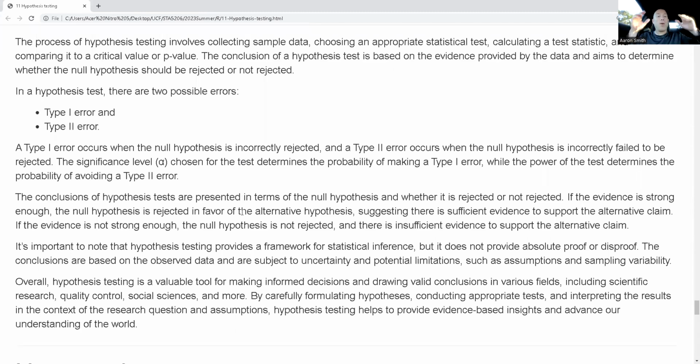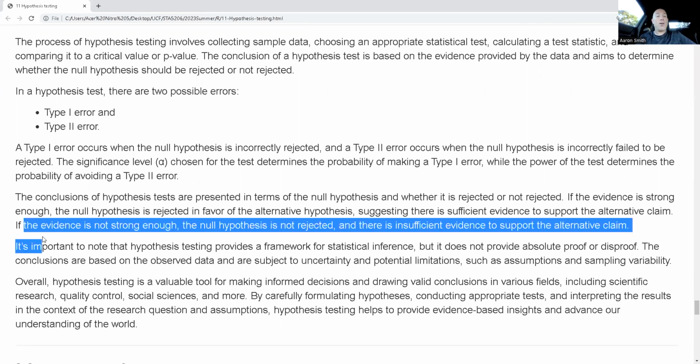The conclusions of the hypothesis test are presented in terms of the null hypothesis and whether it is rejected or not rejected. If the evidence is strong enough, the null hypothesis is rejected in favor of the alternative hypothesis, suggesting there is sufficient evidence to support the alternative claim. If the evidence is not strong enough, the null hypothesis is not rejected, and there is insufficient evidence to support the alternative claim.